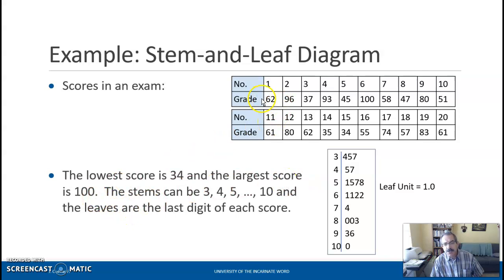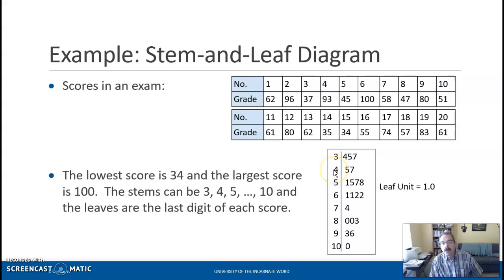Since you're spanning numbers from 30 to 100, it makes sense to select the stems as tens. In the first stem value you have 30, and then you scan the grades and see that there is a 34, a 35, and a 37 grade, right here.